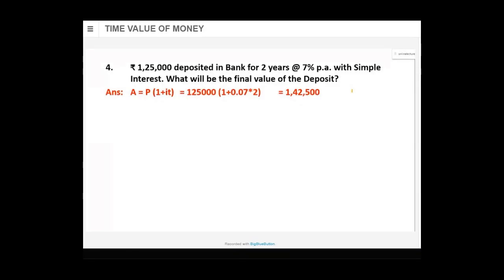Bracket to be solved first, but in the bracket there is plus and there is into. So on our normal business calculator, you should do first 0.07 into 2 plus 1 into 1,25,000. That answer is 1,42,500.